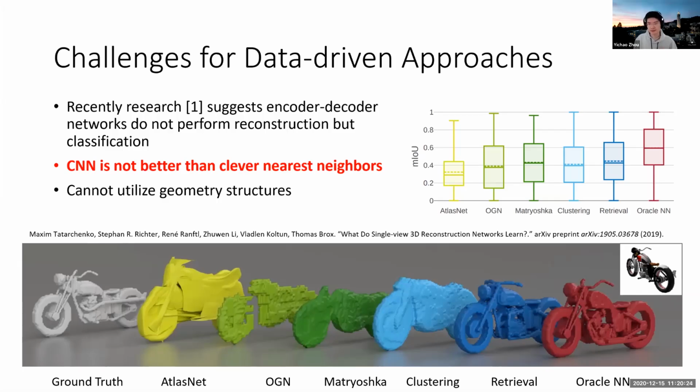Basically, they are doing a nearest neighbor model retrieval baseline, right? They find that it performs at almost the same level, which means that this kind of data-driven approach is just doing some kind of retrieval. This is also what we expected. The reason is that, unlike traditional geometry-based algorithms, data-driven approaches don't really utilize the underlying structure, at least not explicitly.